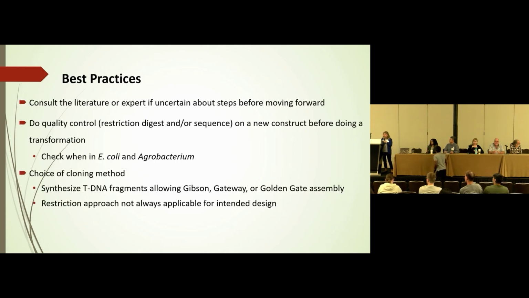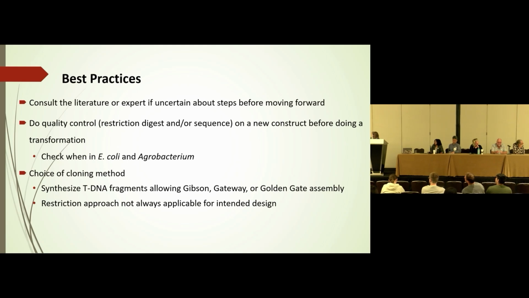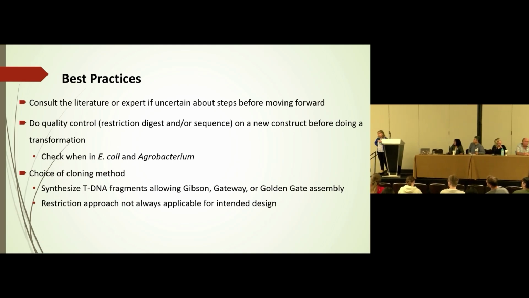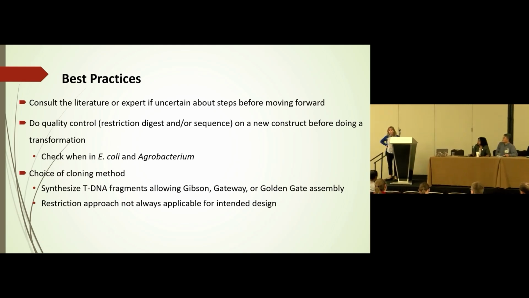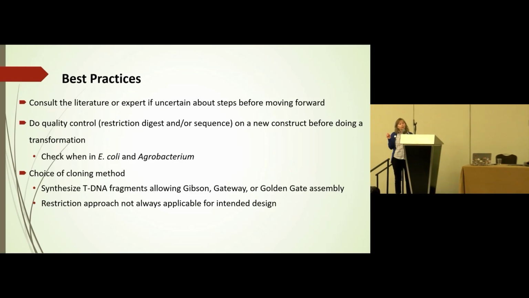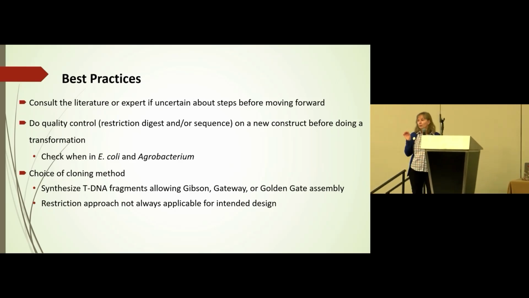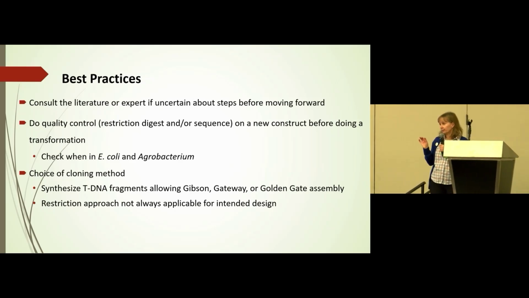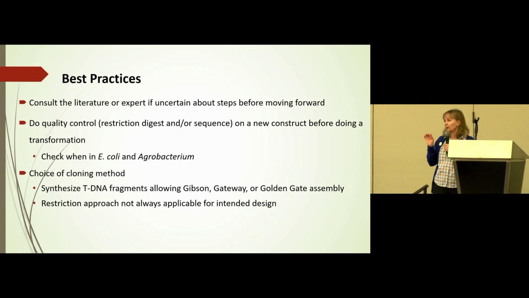We felt it was important to talk about quality control and to keep in mind best practices when it comes to your cloning. Remember, plant transformation takes a long time, from start to finish, some species longer than others. It's so worth putting in the time in the beginning to save yourself time and resources at the end.